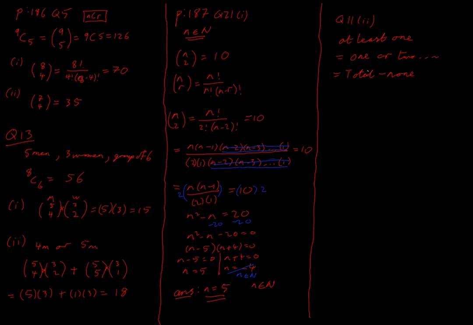This is going to be an extremely important key phrase in probability as we move forward. So at least one of something could mean one of it, or 2, or 3, or 4 of it, or so on, or it could mean the total number of possible arrangements minus none of this thing happening. So that's a hint for question 11 part 2.